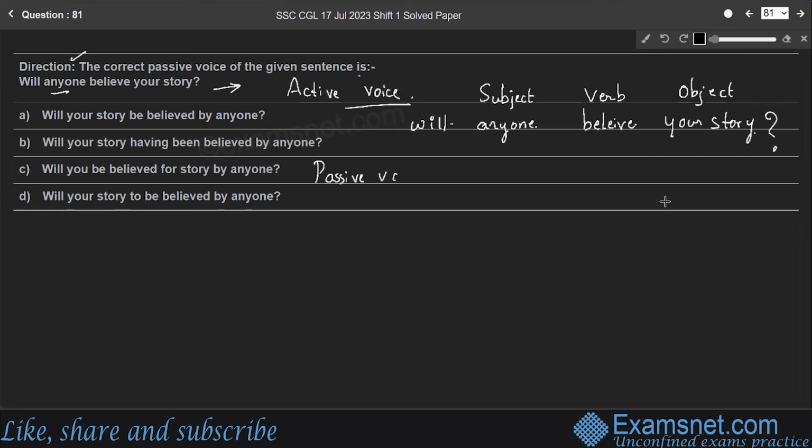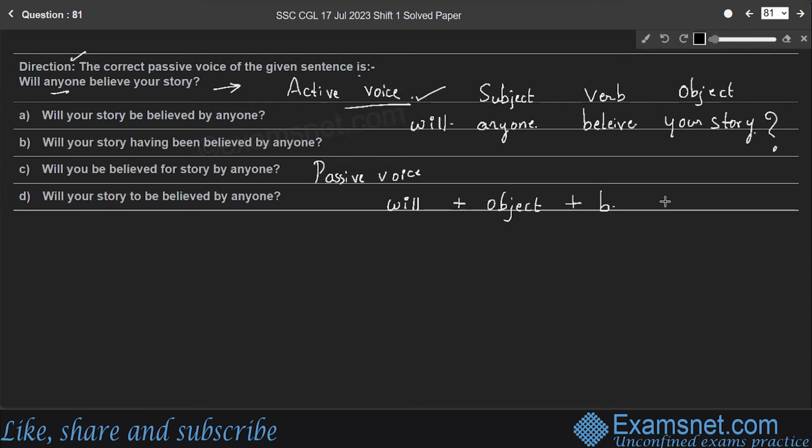In passive voice, the sentence emphasizes the action or the object of the sentence. Therefore, it starts with an action or the object. It emphasizes the action or the object, right? Therefore, in case of passive voice, the format will be the object. Since the sentence starts with will, we'll write will plus object, right?